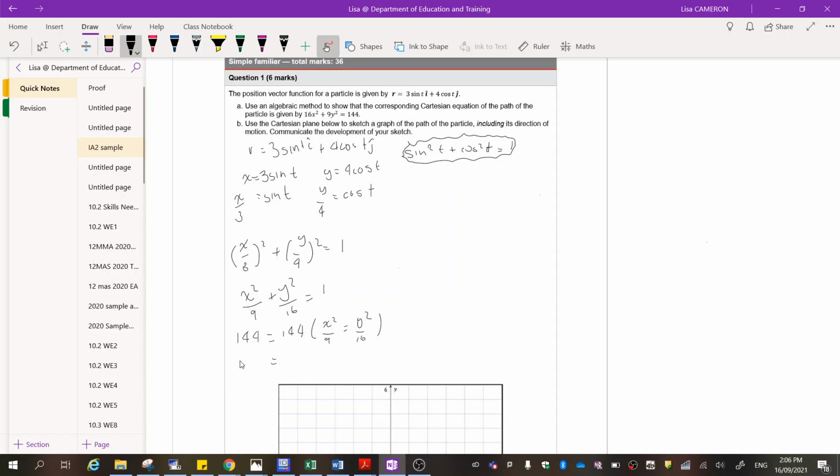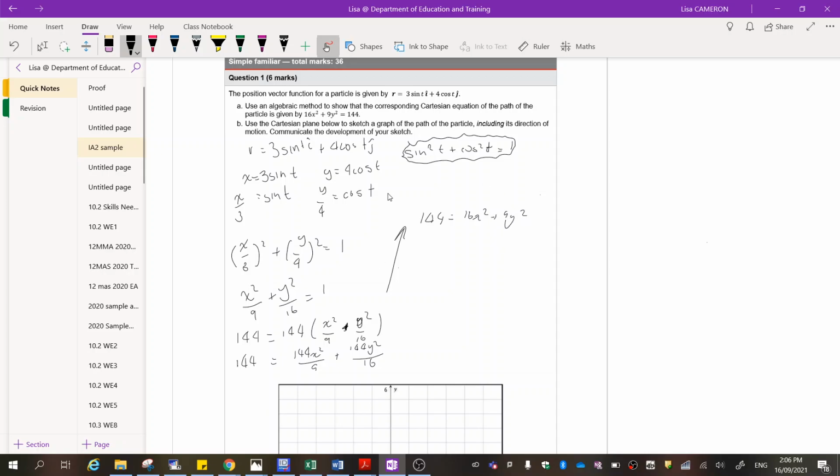So, if we write this, this will equate the terms. Now, if we open up the brackets, we'll have 144 x squared over 9, plus 144 y squared over 16. Jeez, my writing is terrible, sorry. Now, we simplify these fractions, and 144 equals 16x squared plus 9y squared.